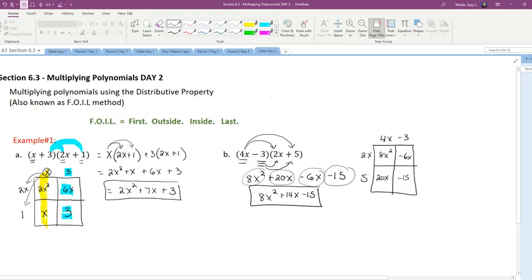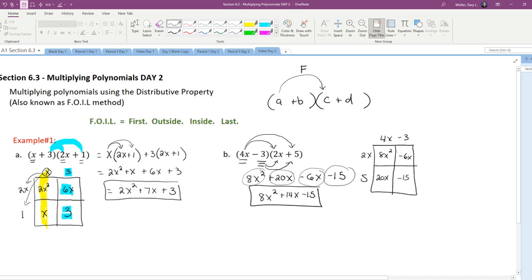Well, when we look at multiplying two binomials together, so I'm just going to say A plus B and C plus D. First references multiply the two first things together. So that would be doing the A times the C. That's your F for first.